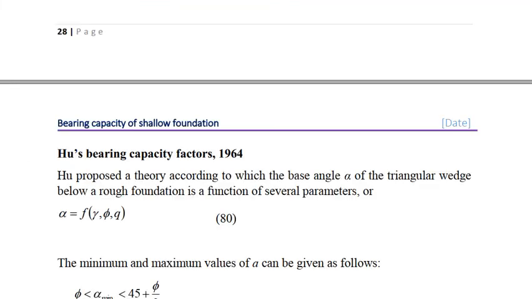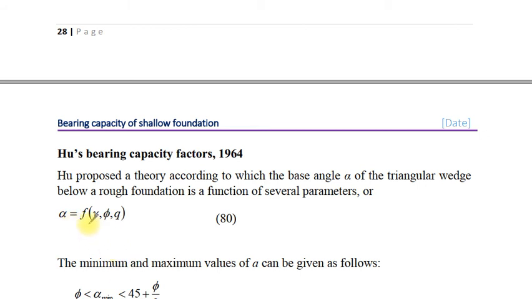Another trial is by Hu in 64. In his theory, he assumed that alpha is not equal to the angle of internal friction, like the assumption of Terzaghi.